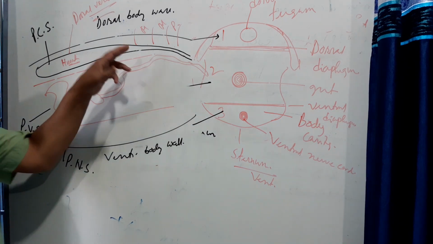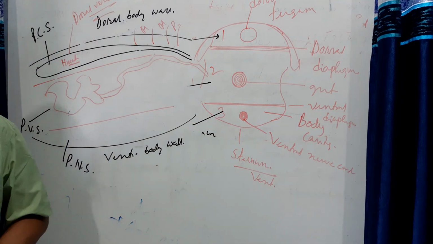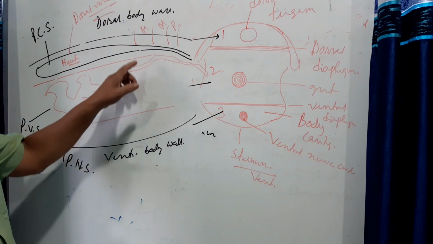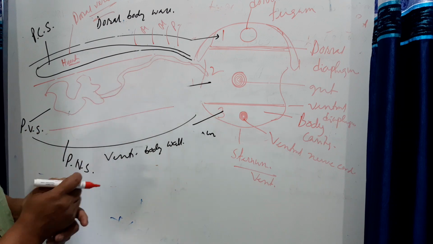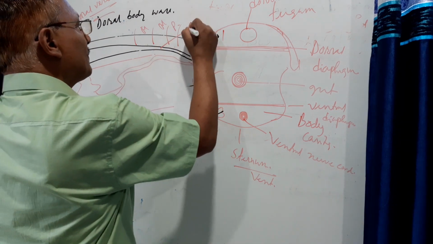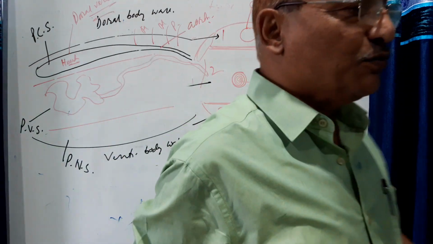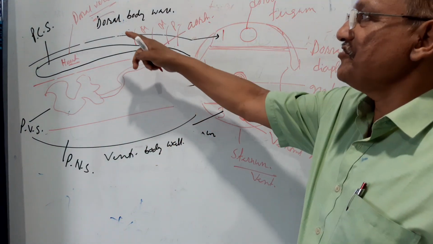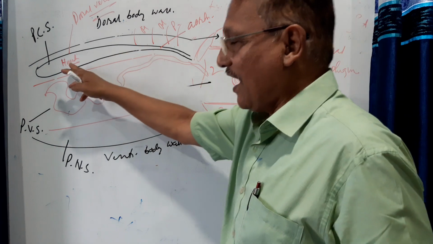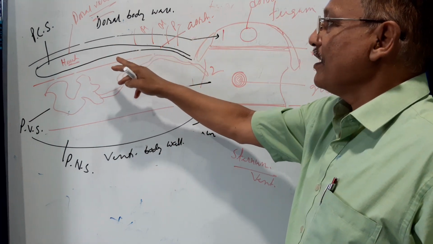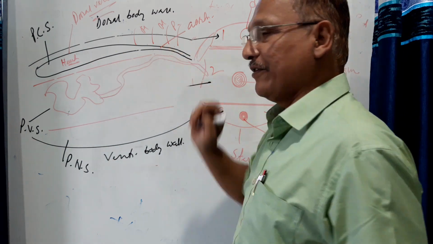The other part of the dorsal vessel, which is only a small tubular structure, is called the aorta. That means the dorsal vessel has two distinct regions: one is the heart, another is the aorta.